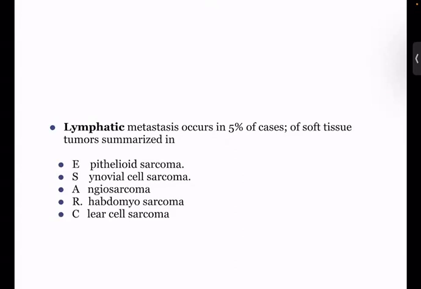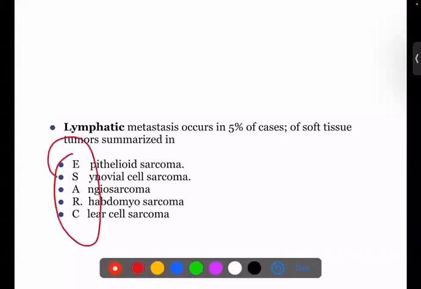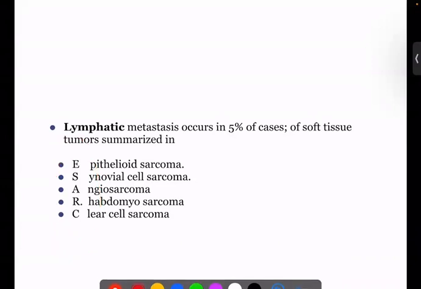Some soft tissue sarcomas have lymphatic metastasis, which occurs in 5% of the cases, and they are included in one word, which is ESARC. E for epithelioid, S for synovial cell sarcoma, angiosarcoma, rhabdomyosarcoma, and clear cell sarcoma. Epithelioid is the most common sarcoma of the hand.